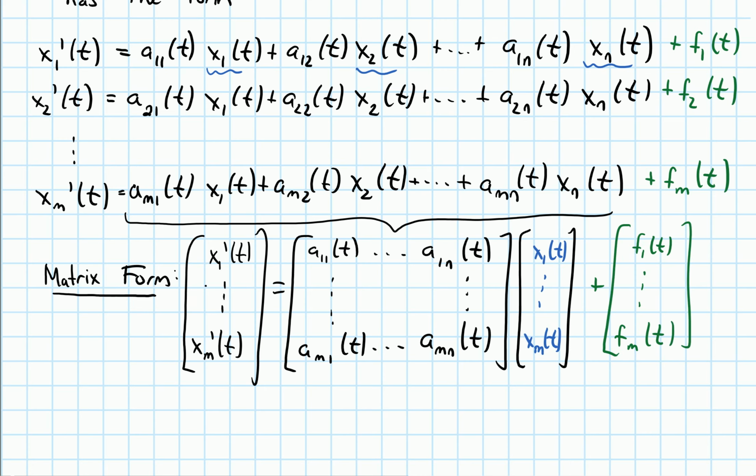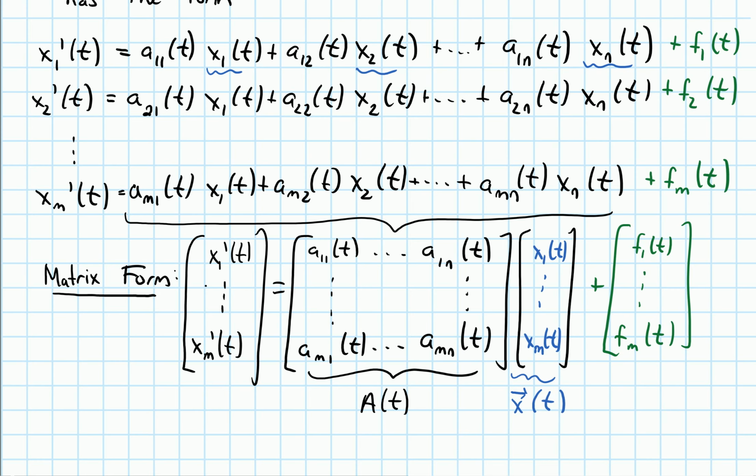Okay, so I'm going to introduce some notation. This matrix right here, I'm going to call capital A, and I'm going to put a parentheses t because it's a function of t. Each of these entries is a function of t. This vector with all of these x functions, I'm going to call x with a vector over it to indicate that it's a vector, and then write t.